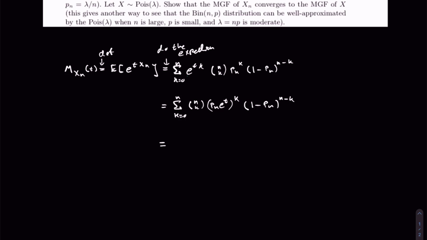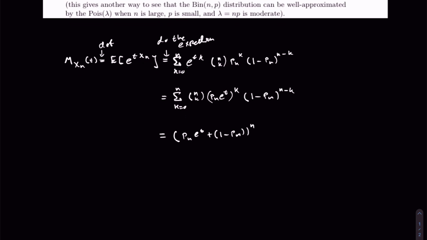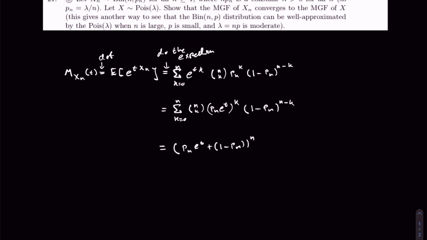By the binomial theorem, Pn e to the t plus 1 minus Pn, all to the n, is the MGF of Xn.